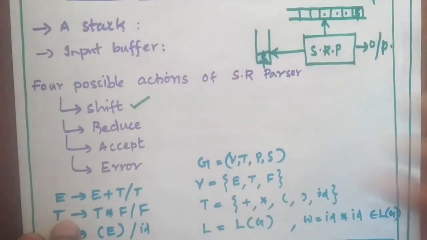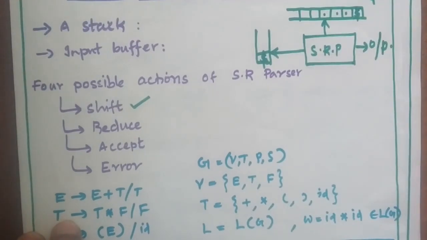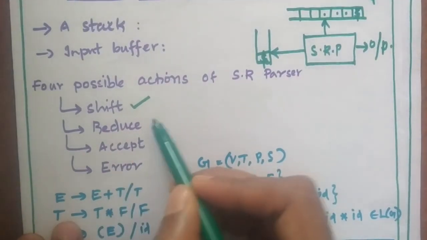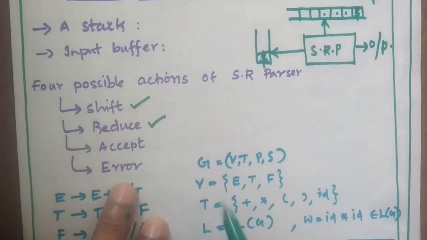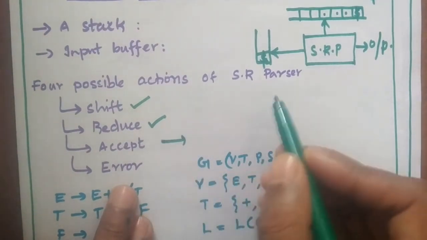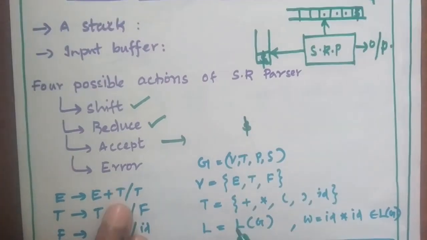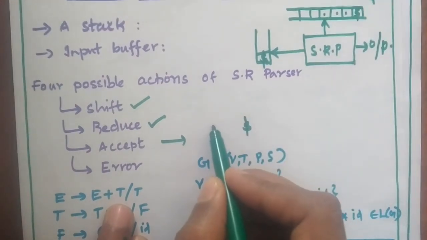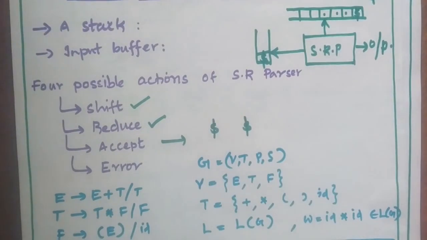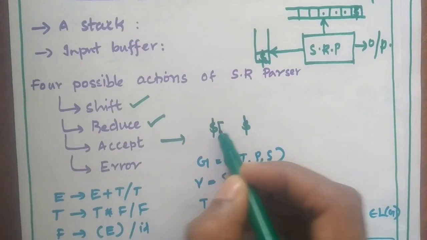The left side is usually a non-terminal, so the handle is replaced with a non-terminal. That is the reduce operation. The shift reduce parser will tell accept when the input buffer contains only $ and the stack contains only $ and the start symbol.